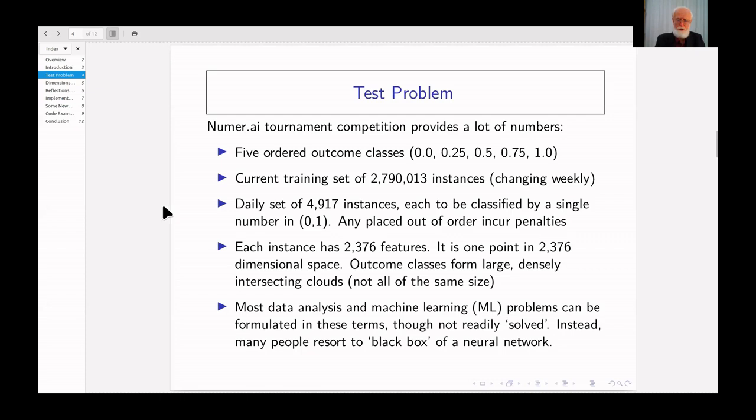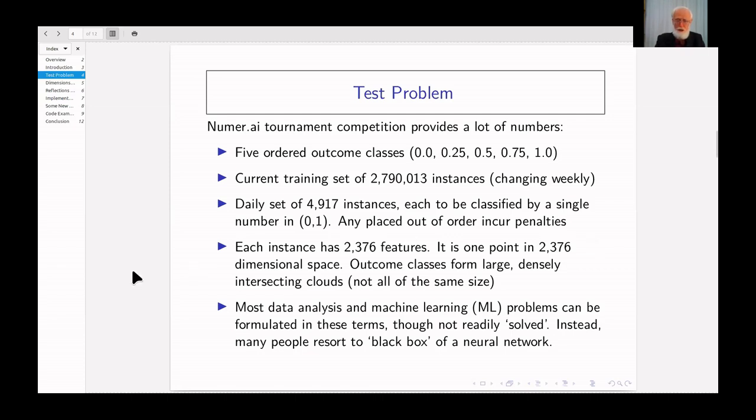There is a training set of classified instances which is currently over 2.25 million instances, and it actually grows weekly, and a daily set of just under 5,000 instances which need to be classified by a number 0 to 1, and any placed out of the correct order will incur penalties.